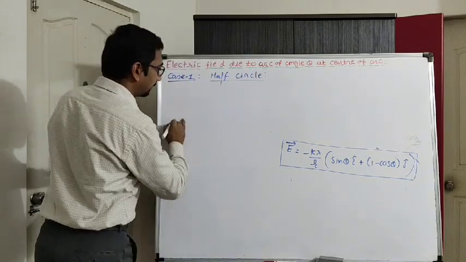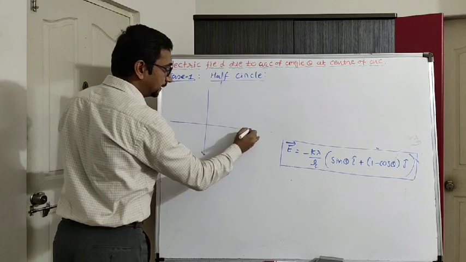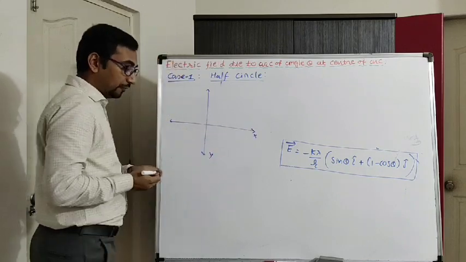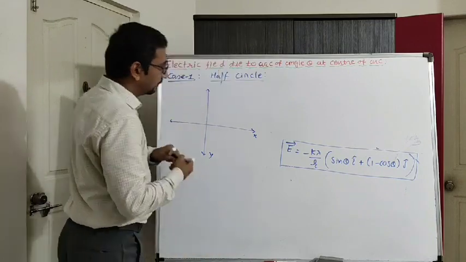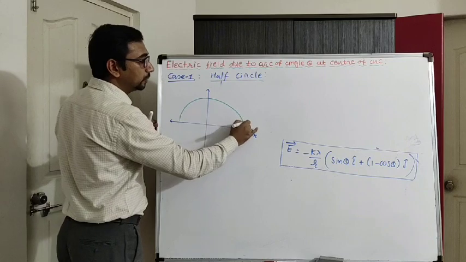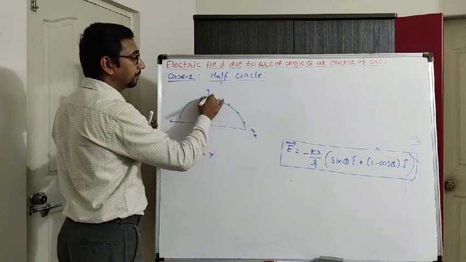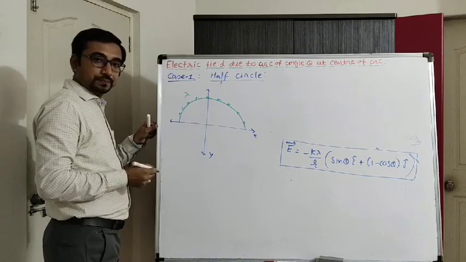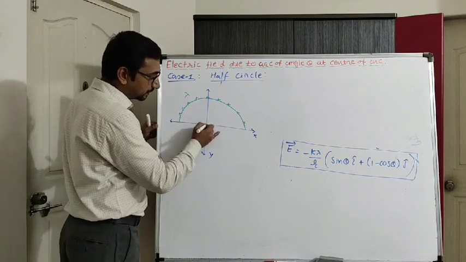Suppose we have a coordinate system like this, x-axis and y-axis. We have one wire which is in half circular form. It is uniformly charged. The linear charge density is, for example, lambda.